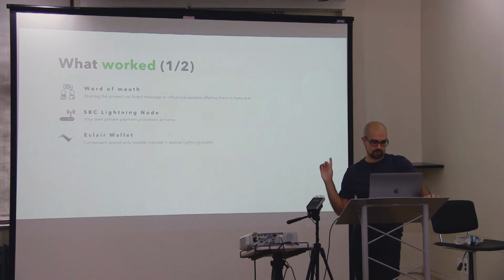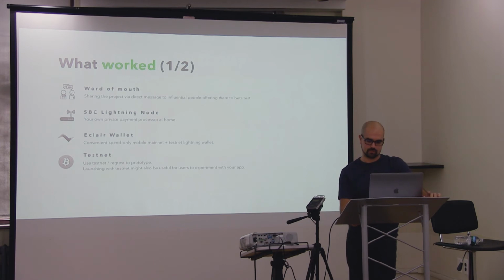I want to give a shout out to Clare's wallet, which was really helpful to use whilst testing satoshis.place. Including testnet as part of your application is, I think, pretty good for users right now. It's also useful for the prototyping phase. You can use regtest as well, of course.